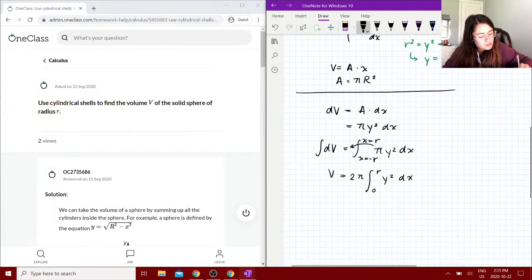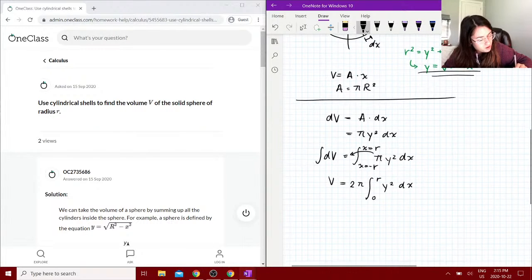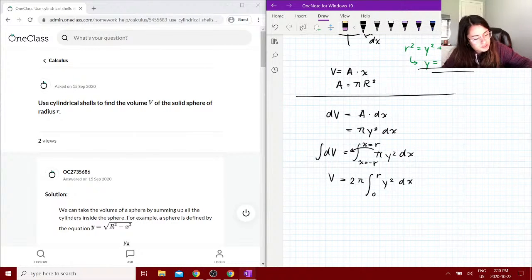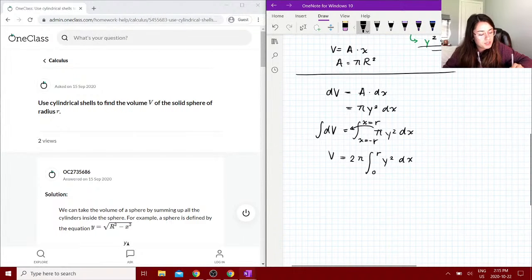Okay, so what we can do here, remember we wrote y differently here, right? So in fact, I didn't really even need to take the square root. If you rearrange it like this, you get y squared equals r squared minus x squared. So we're just going to substitute that into our equation so that we can evaluate this in regards to x.